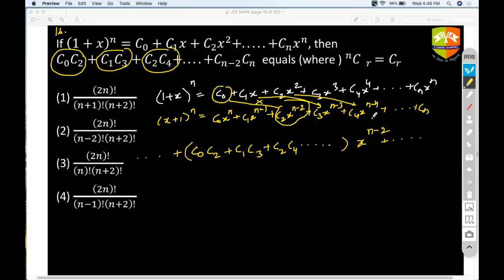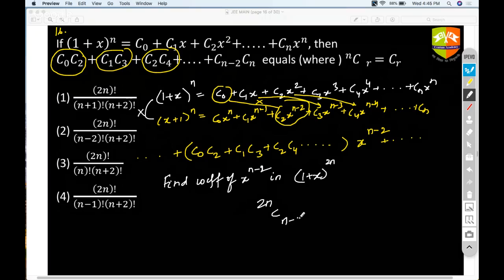So basically what I'm going to do, I'm going to find the coefficient of x to the power n minus 2 in the multiplication of these two terms, which is nothing but 1 plus x to the power 2n, right? Which is obvious. It's 2n C n minus 2.